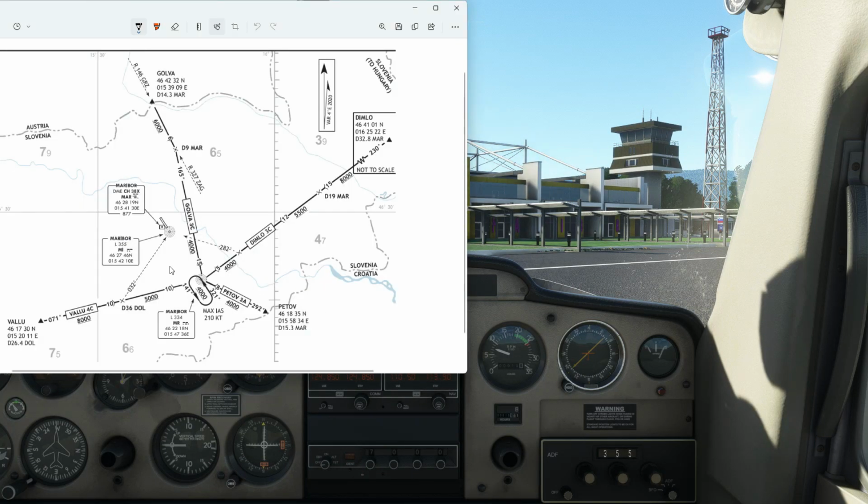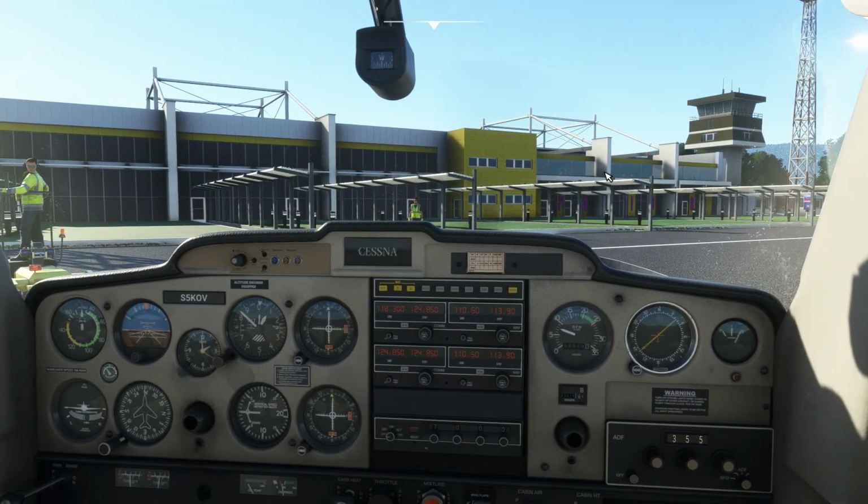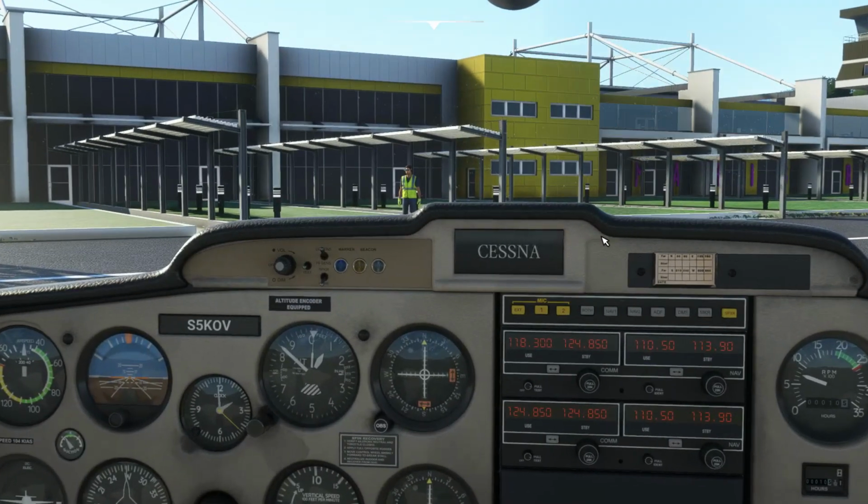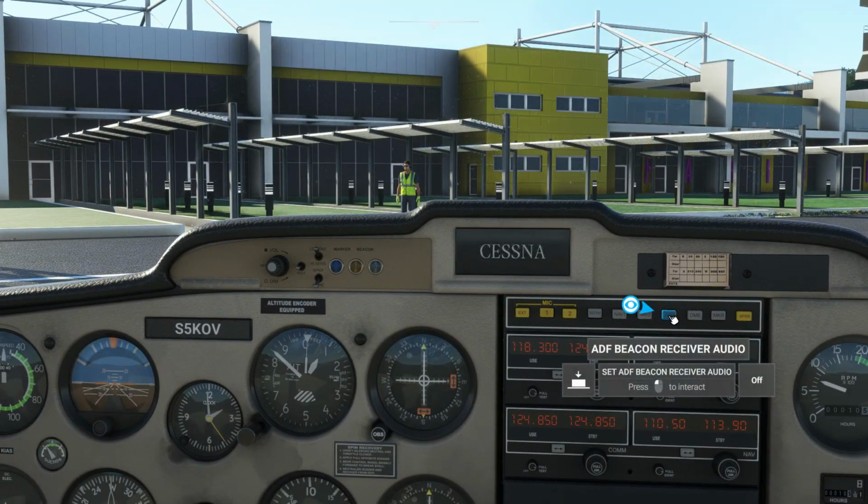So we are now receiving this signal, but in order to be sure, we can check it with the audio and Morse code. 2 long beeps for M and 2 short beeps for I. Let's try to hear that one out. So here we can just click ADF, beacon receiver audio, and hopefully we will hear 2 long and 2 short beeps.